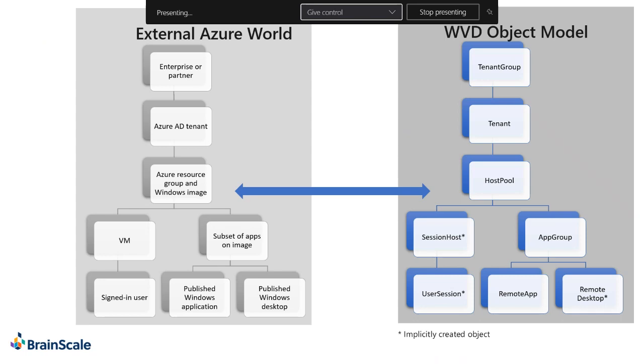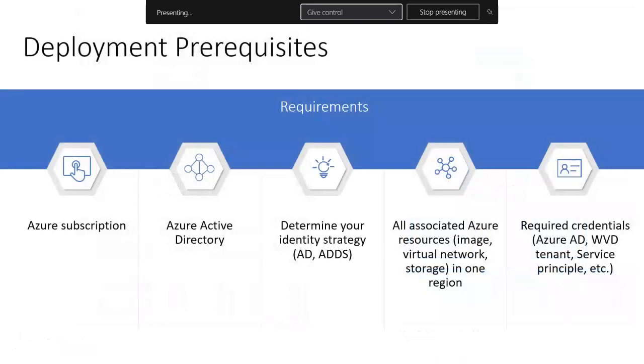And a host pool, like I said, is nothing but a logical container. All it contains is session hosts, which are nothing but VMs, and which are at the end of the day hosting your virtual desktops for your end users, right? So you would encounter this terminology once you start to deploy WVD. It's pretty straightforward to understand.